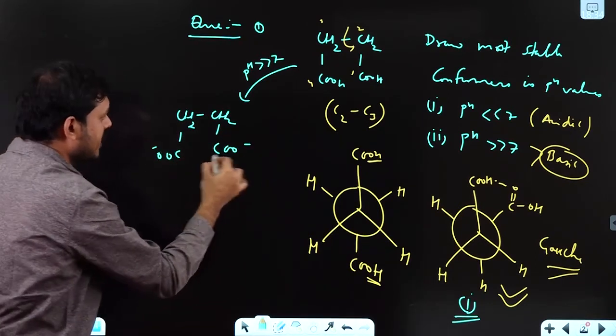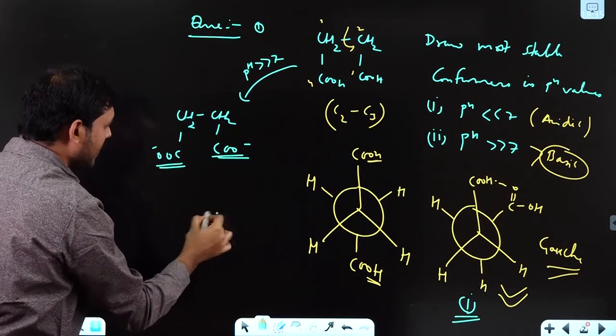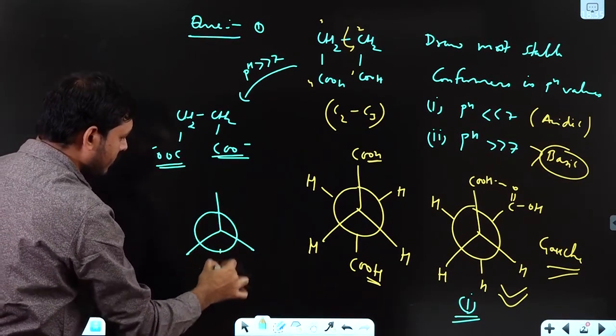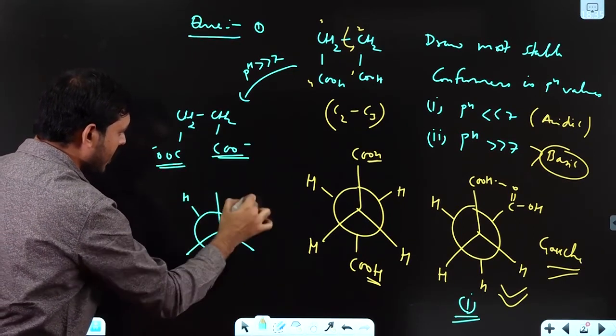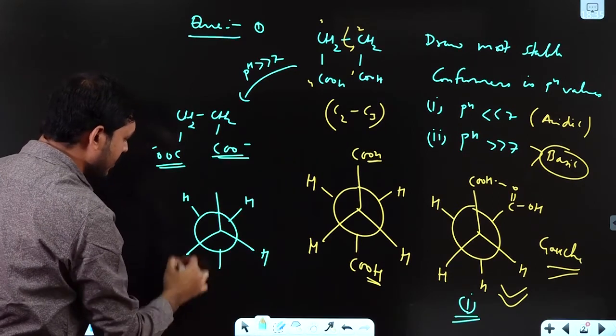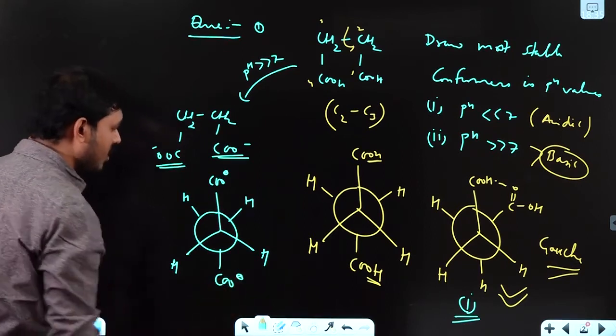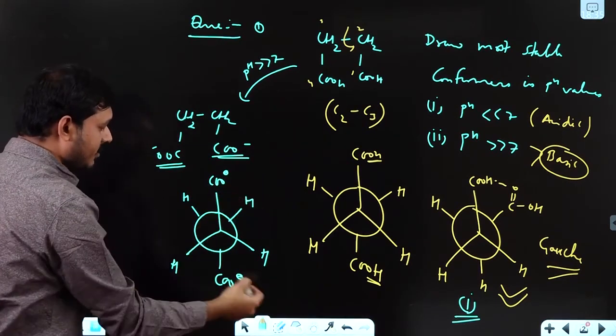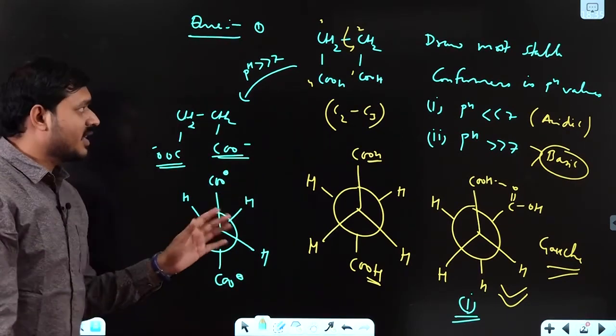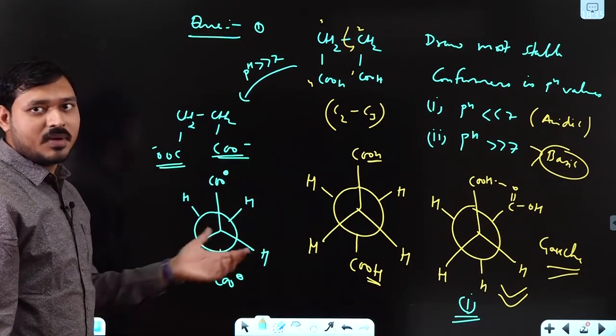So the most stable form will be here anti form, obviously, with H H H H, and this must be existing like this form actually. Okay, or you can say here COO minus COO minus, right? So I think this was one of the most important cases you have understood.